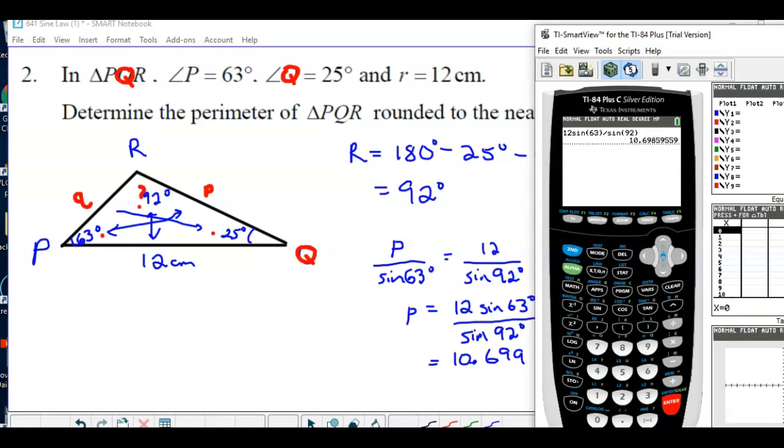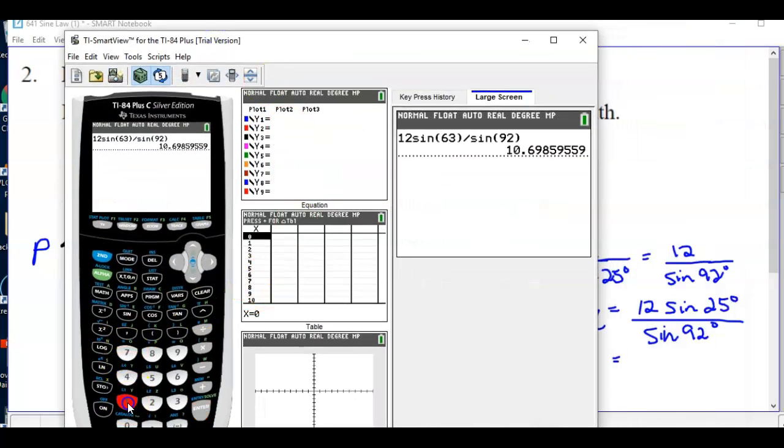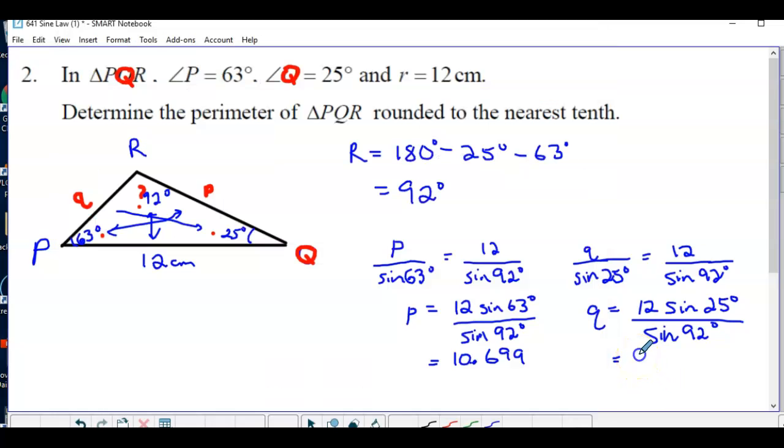Okay, and now when I do this, I'm going to have 12 sine 25, close the bracket, divided by sine of 92, close the bracket, 5.075.